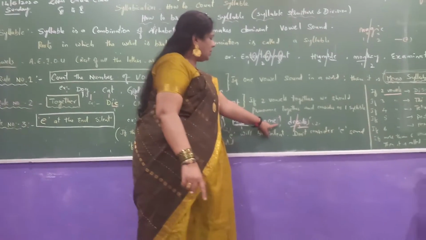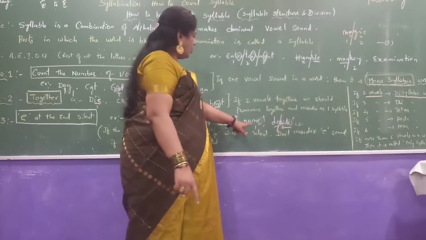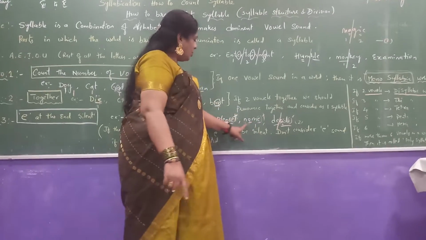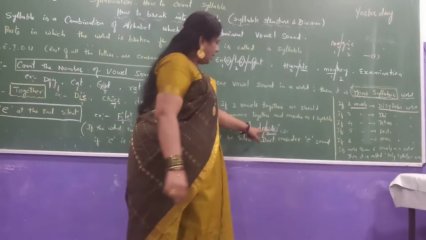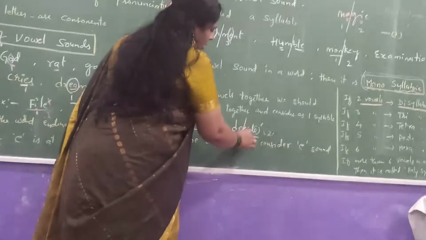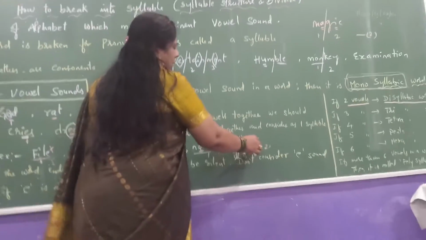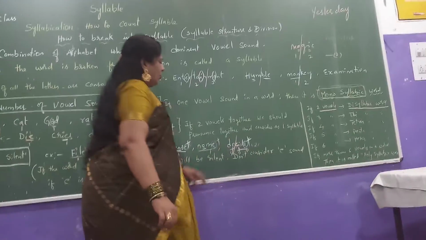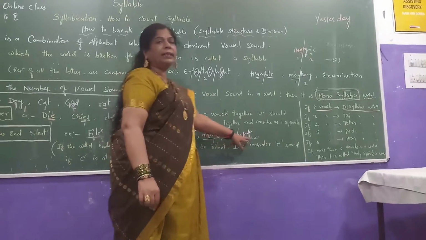Rule number 3: if E comes at the end, we should not consider it. It will be silent. So name together. Decide: D, E is a vowel, I is a vowel and E is also a vowel. I told you E at the end will not be counted. So decide is a disyllabic word.